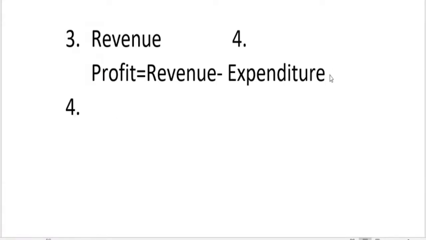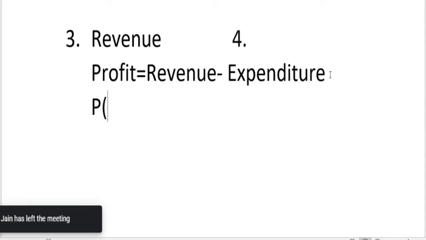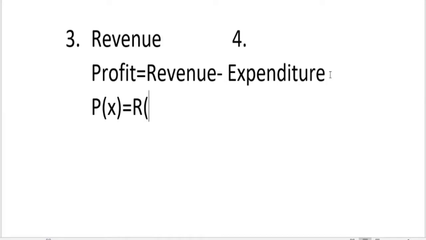So I simply write it down: profit function of X, for example, equal to revenue function of X, minus expenditure, or I would call it cost also, expenditure function of X. So this is the mathematical relationship between the three types of function, which are profit, revenue, and expenditure. Profit function is equal to revenue function minus expenditure function. This is a very popular equation or relationship that you already studied in your paper of accounting as well as in economics.